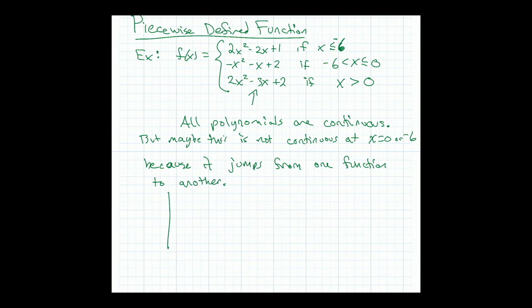Just because a function switches at maybe 3, you could have a case where there is a jump like that, but you could also have a case where one function and the other one just line up. And if it happens to line up, then even though it switches at 3, that's still a continuous function. Okay? But it might be continuous at -6.